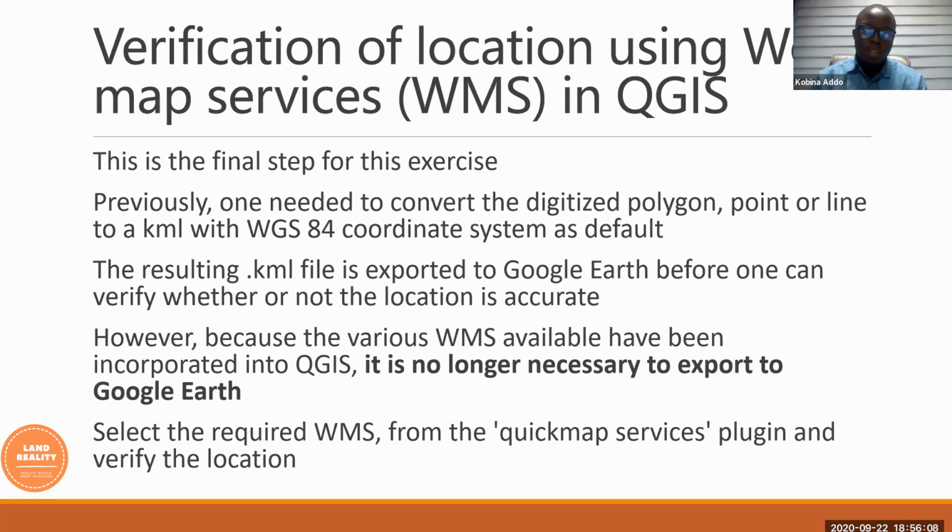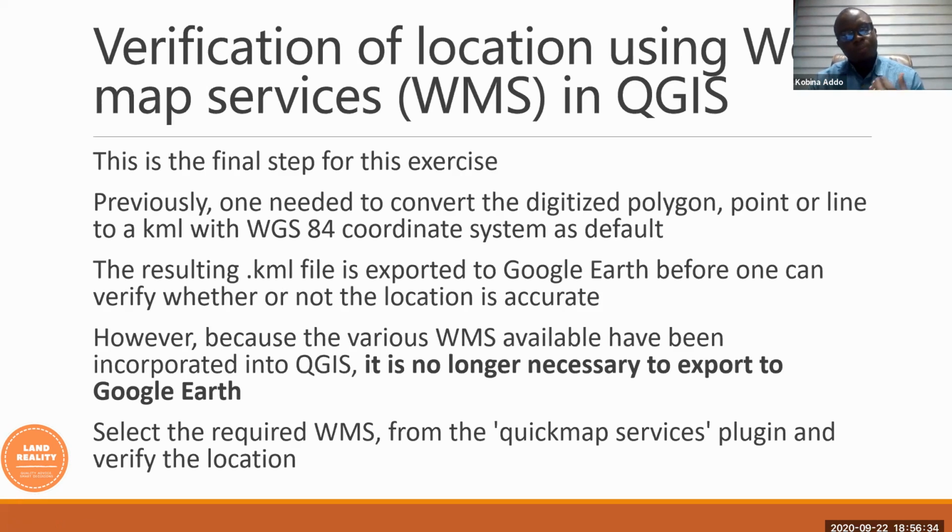So you have to download it and use it. QGIS has eliminated that burdensome procedure of acquiring that standalone service. QGIS now incorporates Google Earth into it, like I mentioned earlier, using the Quick Map Services plugin. So you no longer need to carry out that procedure.